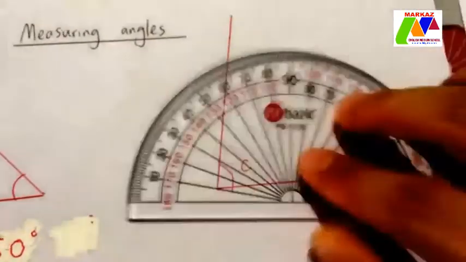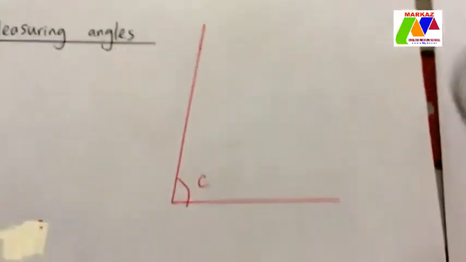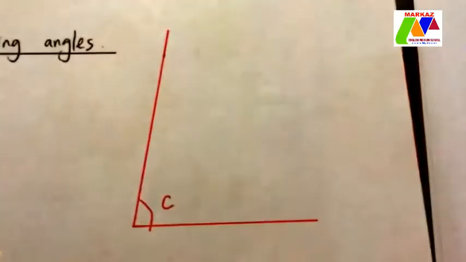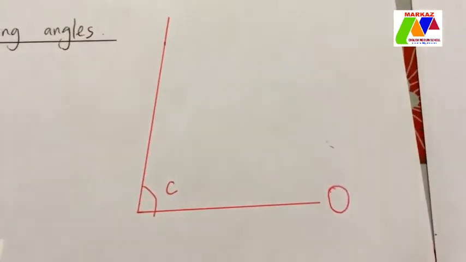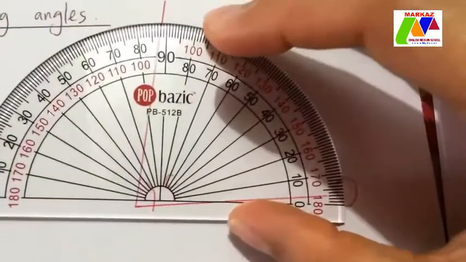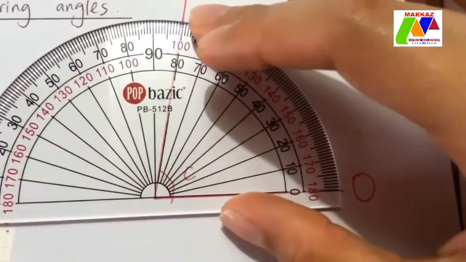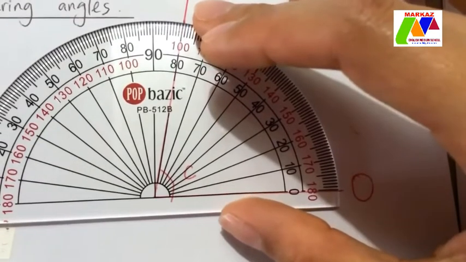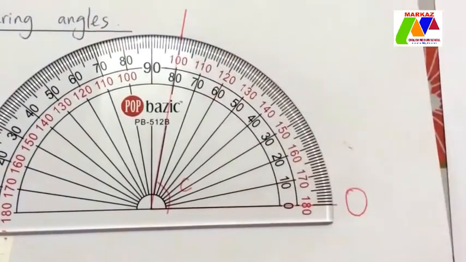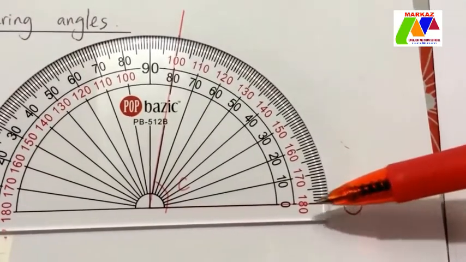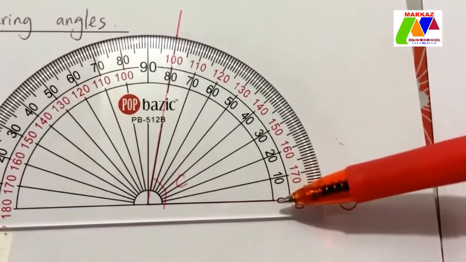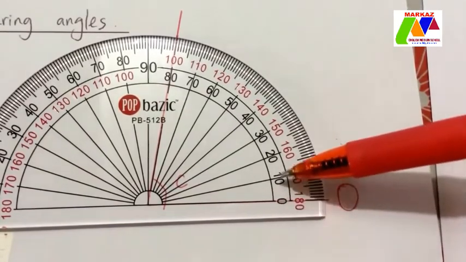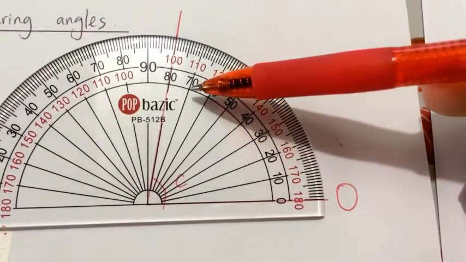One more angle here, angle C. Put the protractor center point on the vertex. 0 degree is where the bottom line of the angle is. Okay. Let's count. 10, 20, 30, 40, 50, 60, 70 and 80.